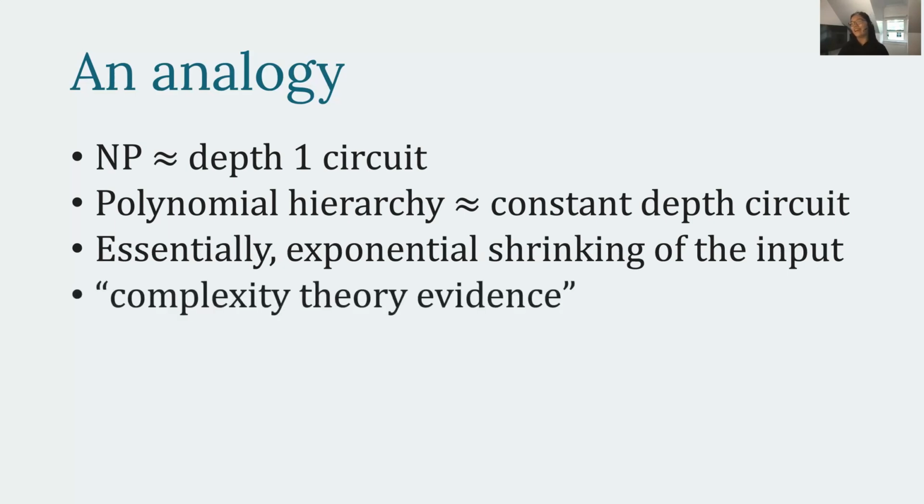So doing this, proving it for this small model of this big complexity class, is what complexity theorists refer to as complexity theoretic evidence. And it's considered a good result when you're able to prove statements of this form.